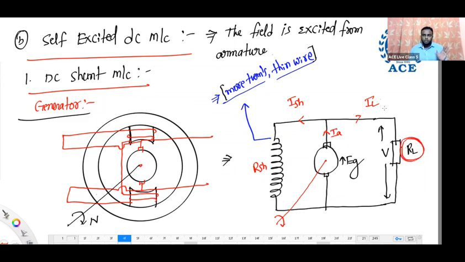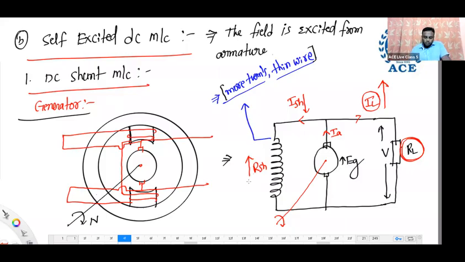So in order to supply most of the current to the load, what should the field current be? Less. How can we get less field current? Let us keep high resistance in this. Keep the shunt field resistance very high so that field current is reduced and most of the current will go to load only.